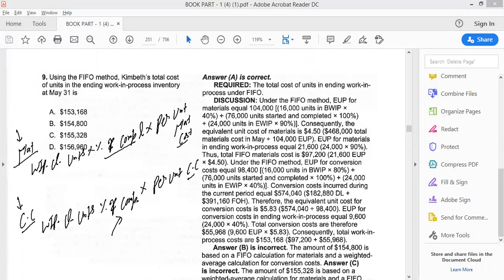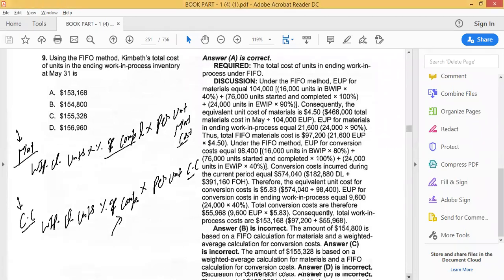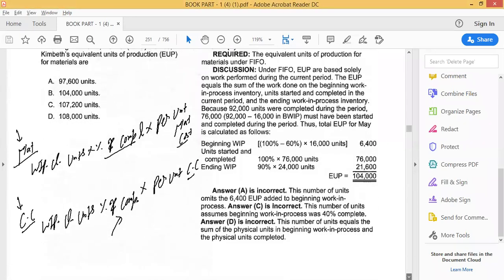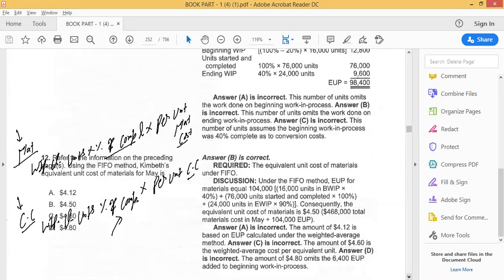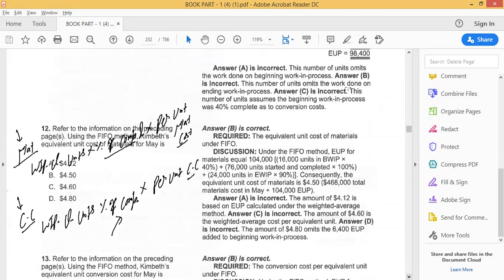Students, you know that all these values we already calculated in our upcoming questions, so we'll just borrow these values from there. Per unit material cost, we calculated here, is 4.50.